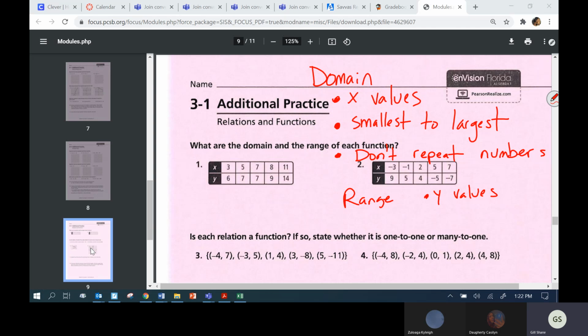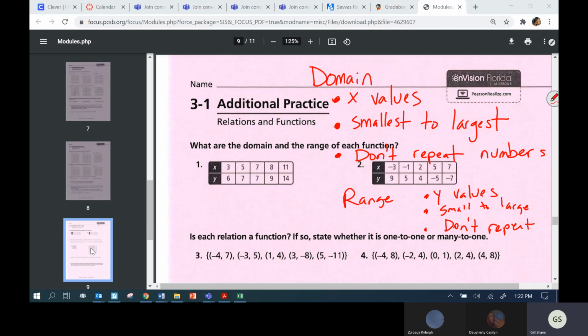Your output numbers. X's are inputs, Y is output. So it's the Y values. And again, same thing, smallest to largest, and don't repeat. Same exact things for the second and third thing. Those are the rules when you create it. There's no math involved, no calculations involved.